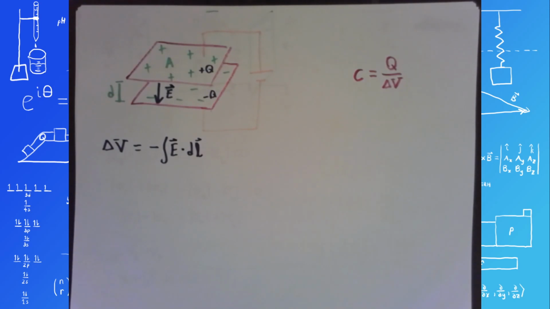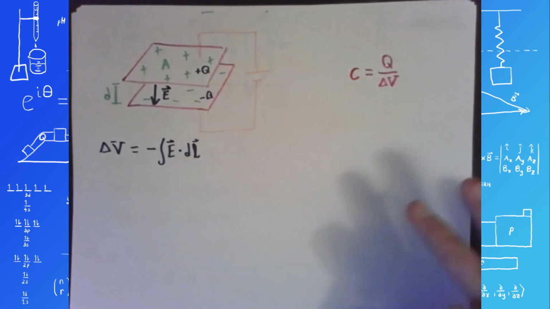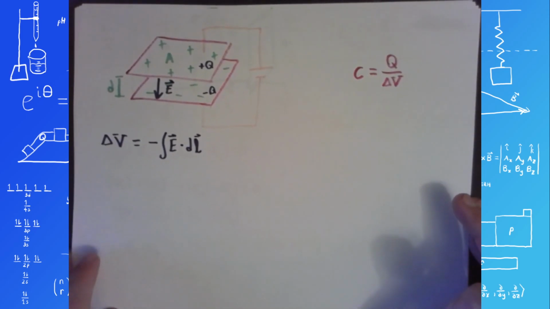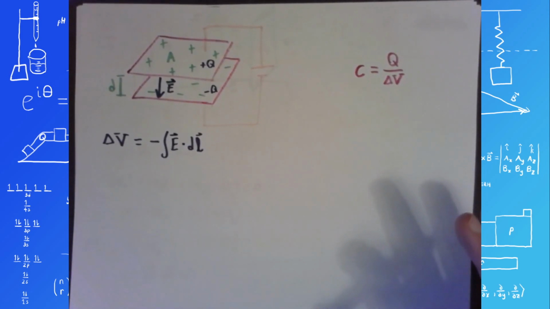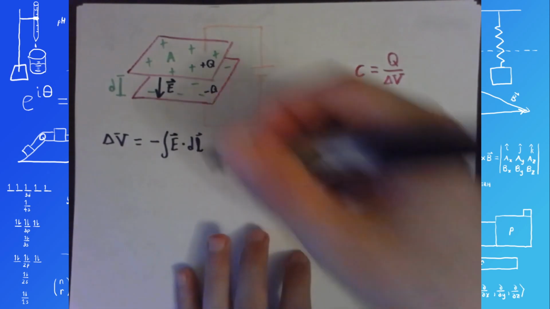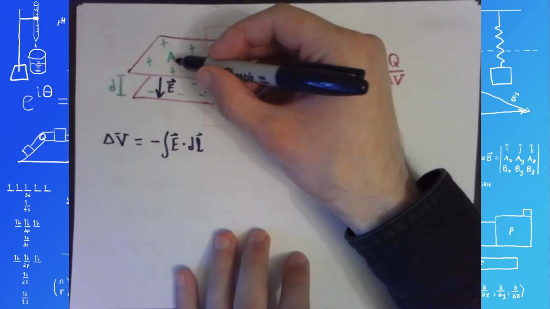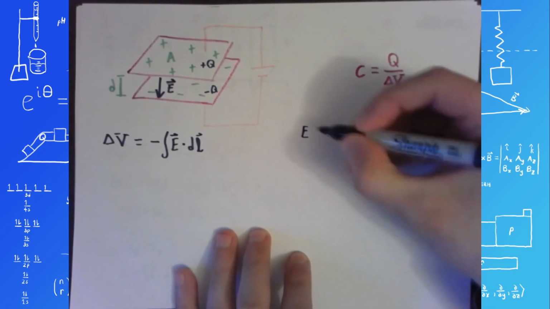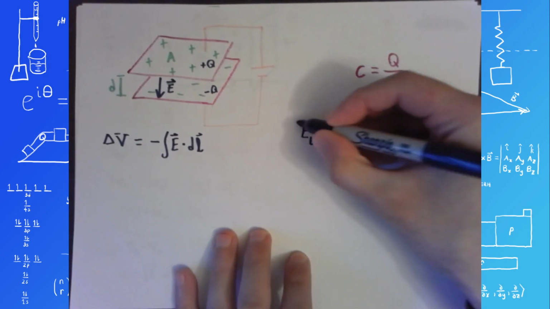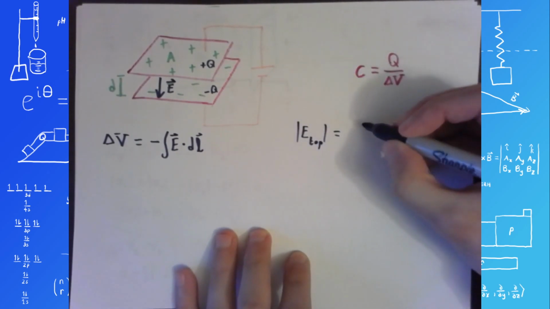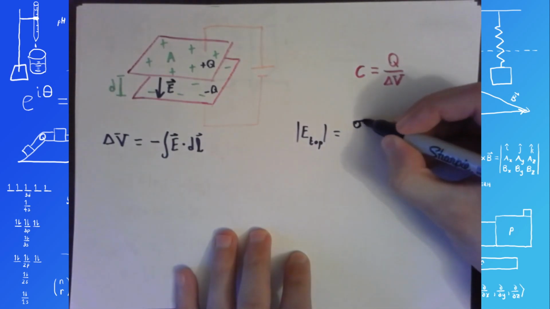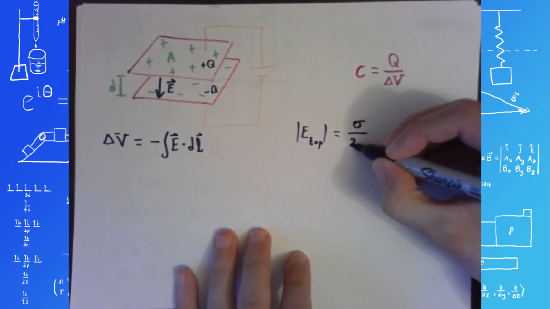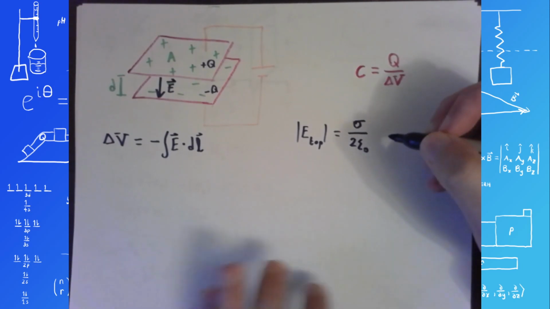If we treat these two plates, if we approximate them as infinite sheets, then we can say that the electric field due to the top plate is simply E top equals sigma over 2 epsilon naught.